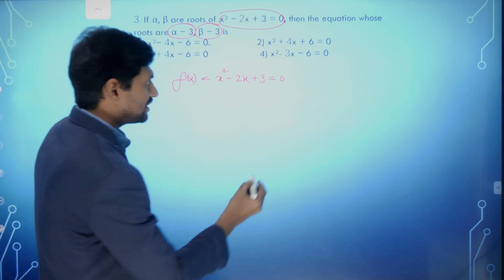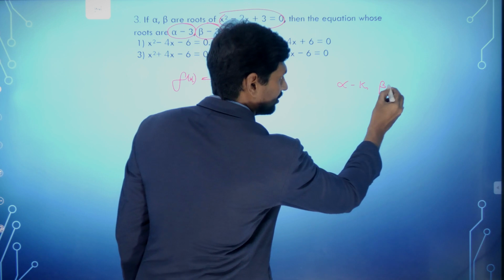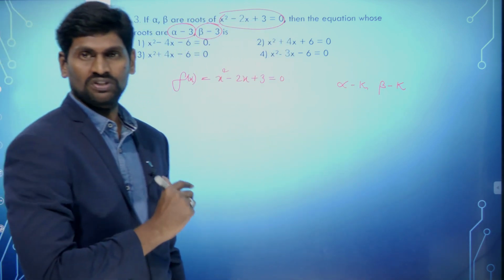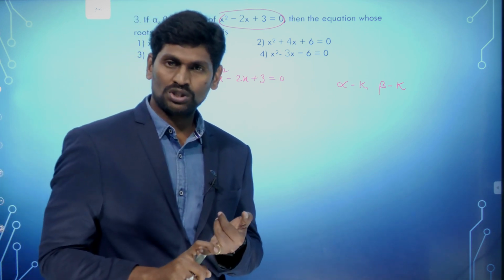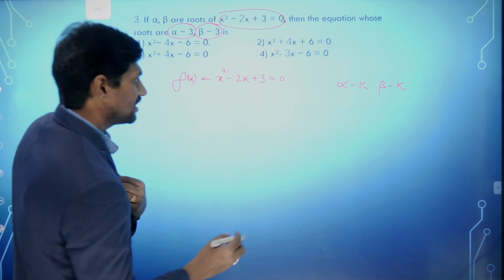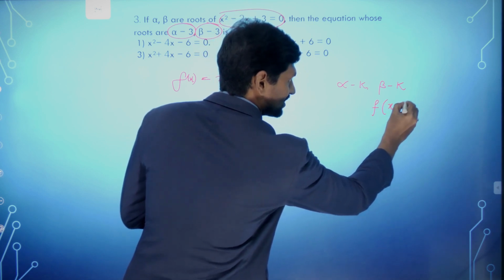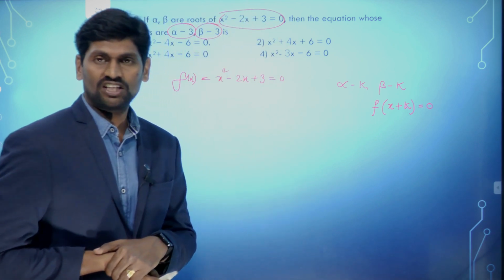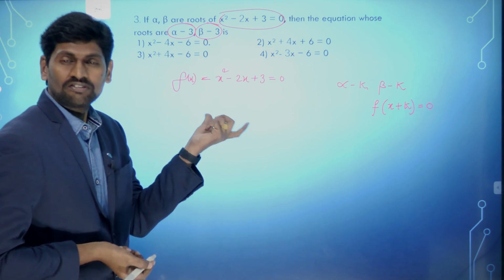So it is looking like alpha minus k, beta minus k. Earlier we have discussed these conditions. If alpha minus k, beta minus k are roots of the quadratic equation, then the required equation is f of x plus k equal to 0. Am I right?